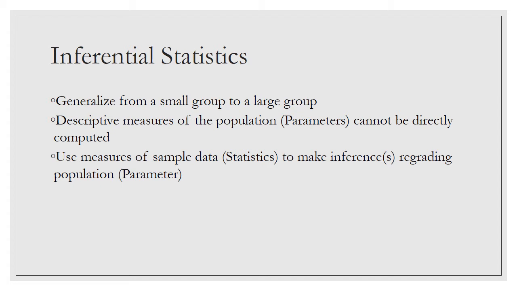So instead, we use our sample data, our statistic, and from that sample, we make inferences regarding the population parameter. The idea of drawing inference, to draw a conclusion based on evidence and reasoning, is what we're doing in inferential statistics. That's different than descriptive statistics.